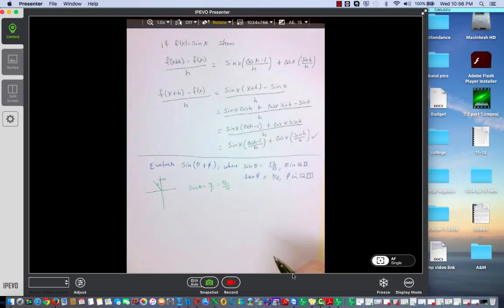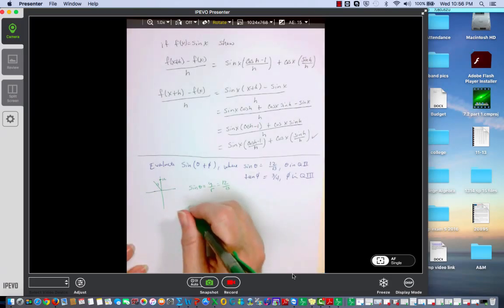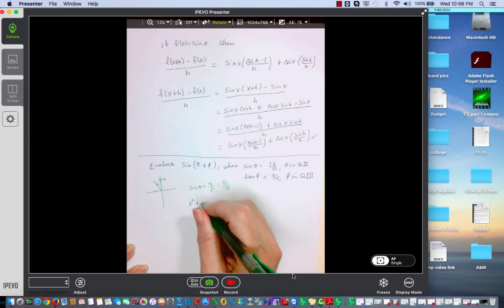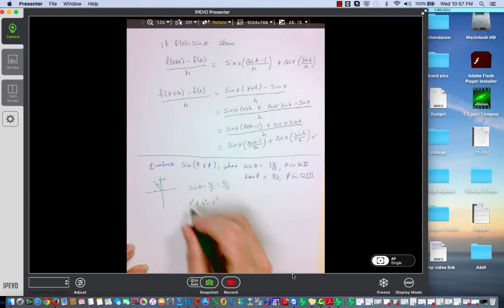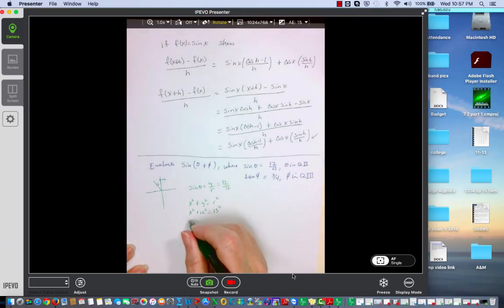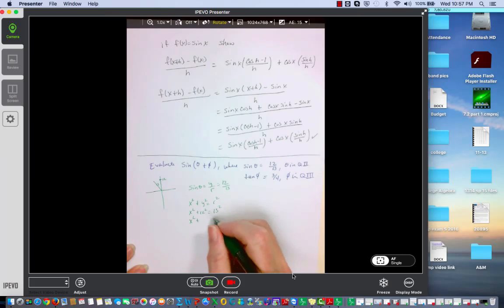And we still need to find our x value. To find the x value, we can use the Pythagorean Theorem. x squared plus y squared equals r squared. So we've got x squared plus 12 squared equals 13 squared. So x squared plus 144 is equal to 169.